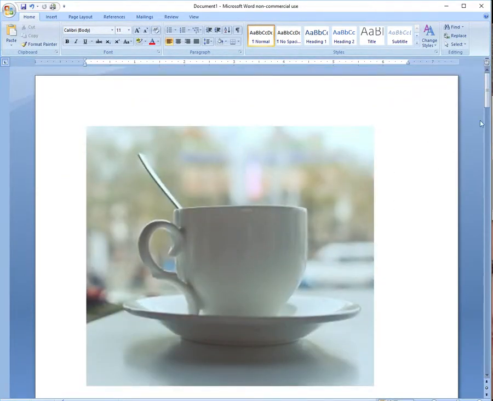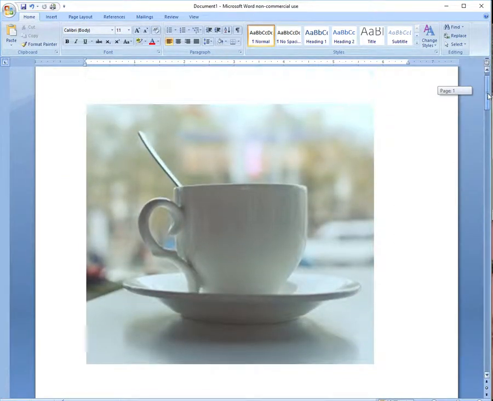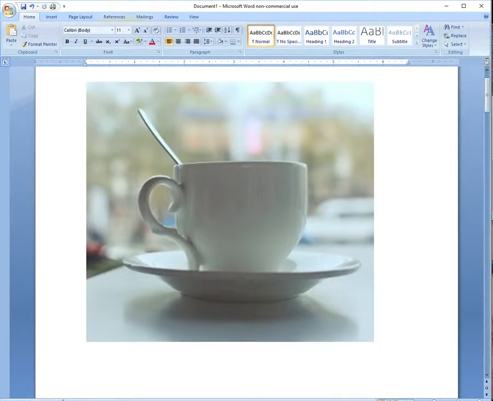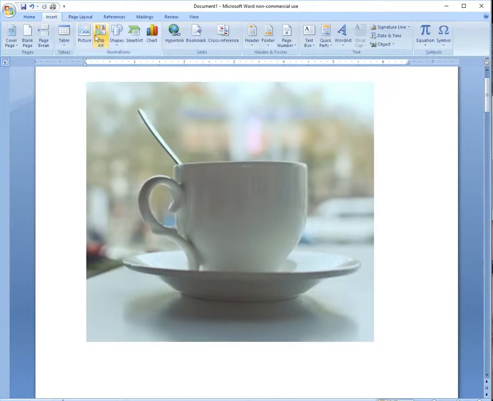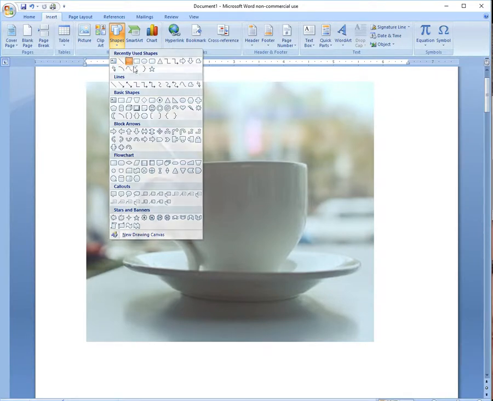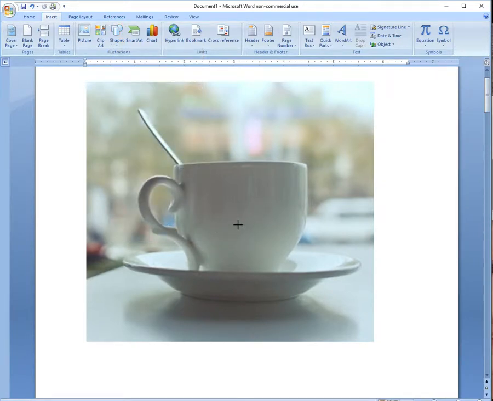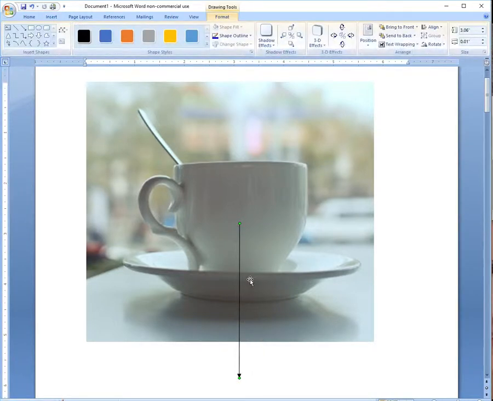So if we go back to my famous coffee cup example, if I have a coffee cup sitting on a table, there are only two forces acting on it right now. One is going straight down, and that's your force of gravity, and then you have another one going straight up, which is your normal force.